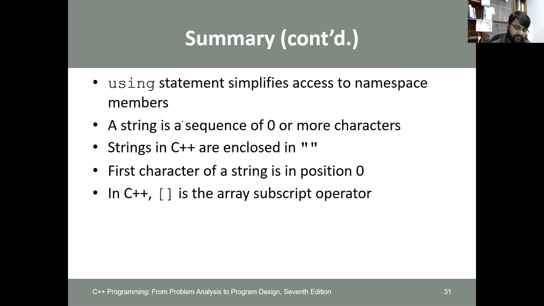And then there are many different built-in functions like swap, getLength, setLength, etc. These are other functions which can be accessed through the dot operator with strings, and they help you perform a lot of different things in C++.